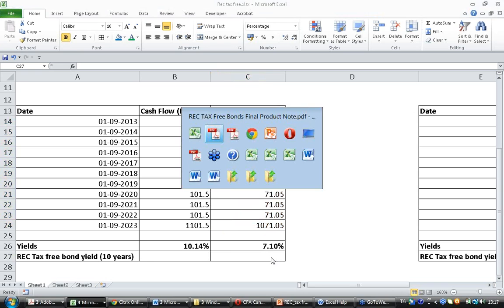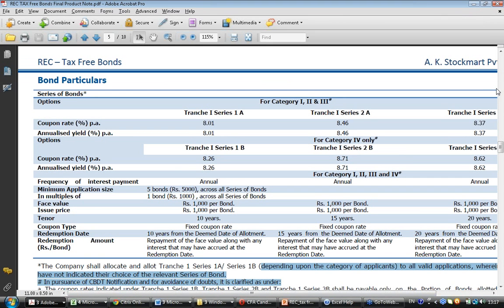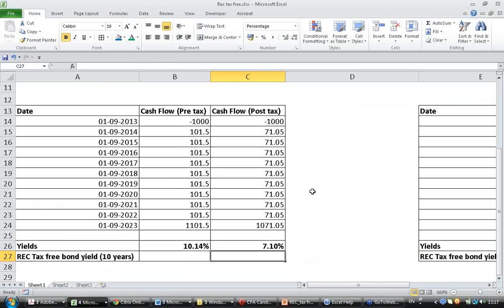The REC bond, if you remember, we saw gives a post-tax yield of 8.26%. So if you put it here, you can clearly see that we are going to earn 1.16% additional income, additional yield.